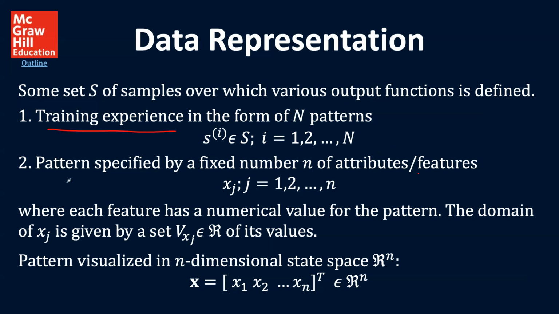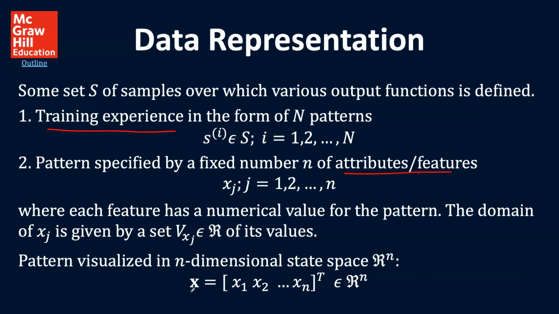You can have the patterns that are specified by a fixed number of attributes. Here we're focusing on the attributes and features with xj, and j goes up to the number of attributes. And we can have a pattern visualized in n-dimensional state space.